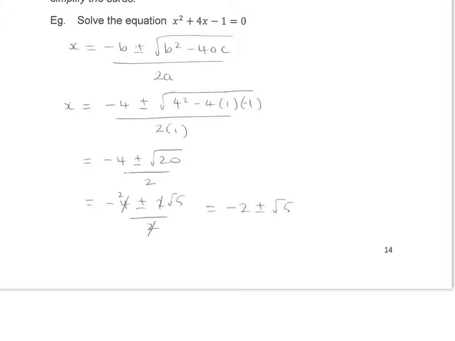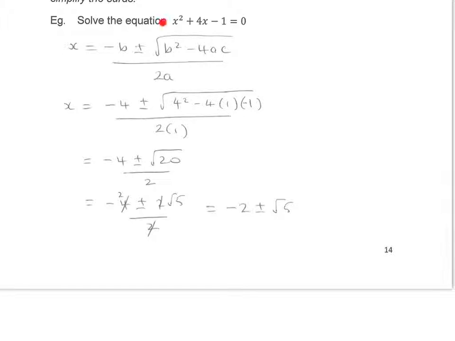So in this question then, A is 1, B is 4, C is minus 1. Now it's worth noting at this point that you're not given the quadratic formula on your formula booklet. You do need to remember it. So make sure you remember that formula.